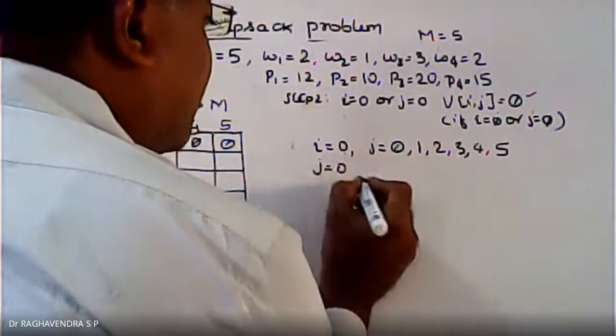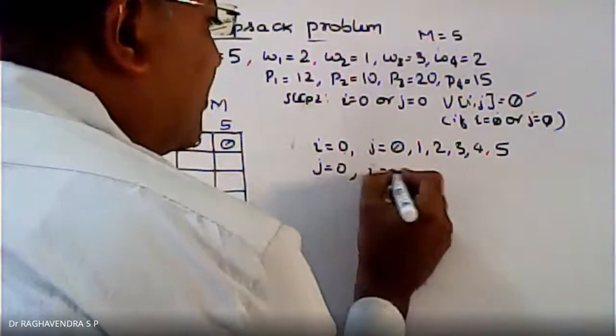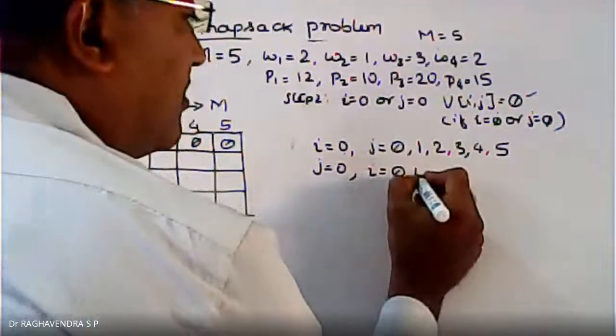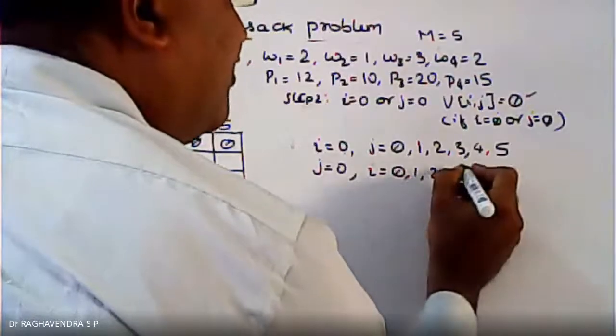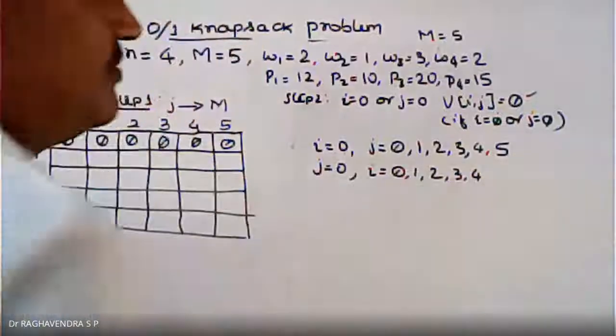Now J is equals to 0. So I is equals to 0, I is equals to 1, up to where does I go? 4. So I is equals to 0, 1, 2, 3 and 4.